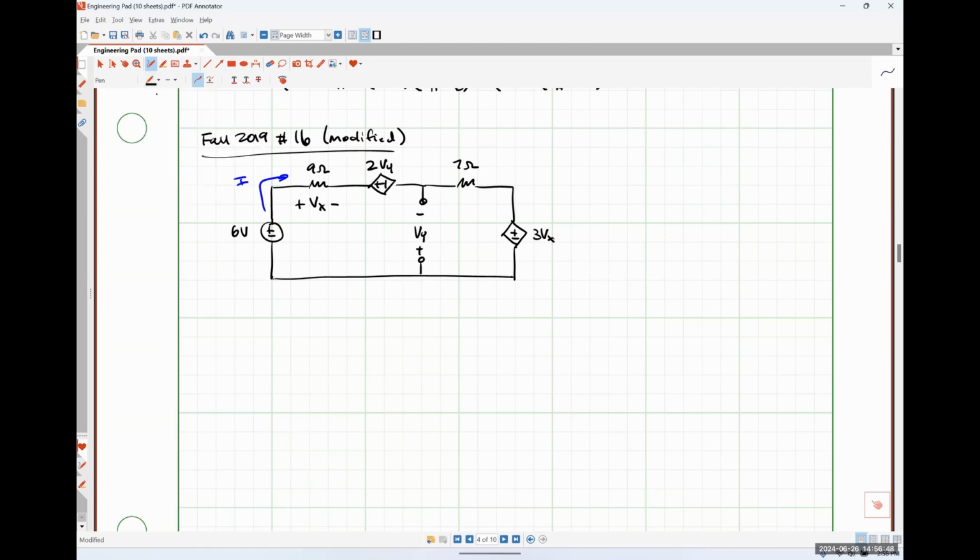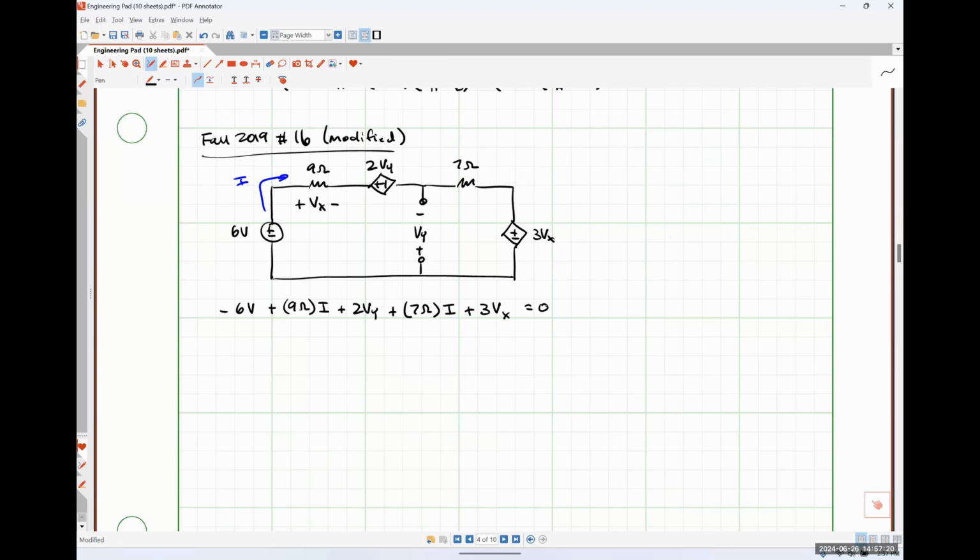If I were to write a KVL equation around the outside of this circuit, I would get the relationship negative 6 volts plus 9 ohms times I plus twice Vy plus 7 ohms times I plus 3Vx is equal to 0.